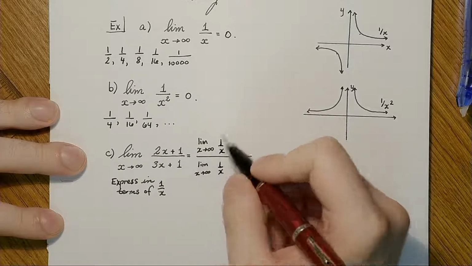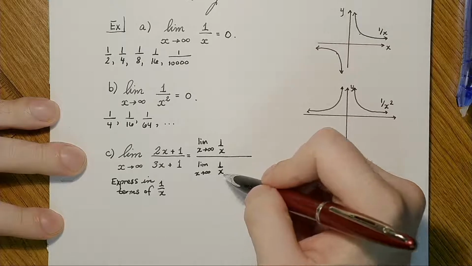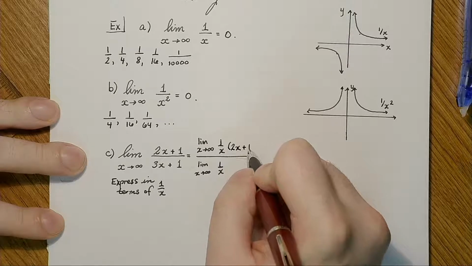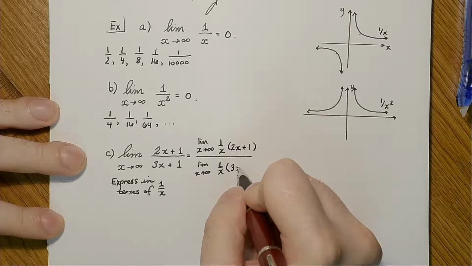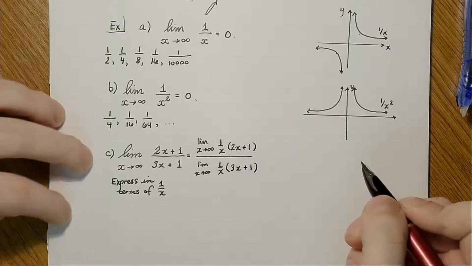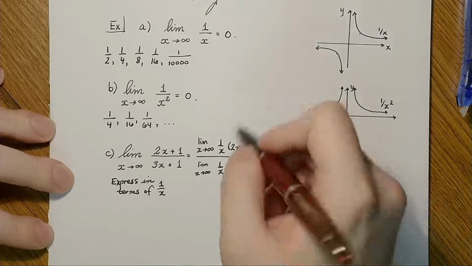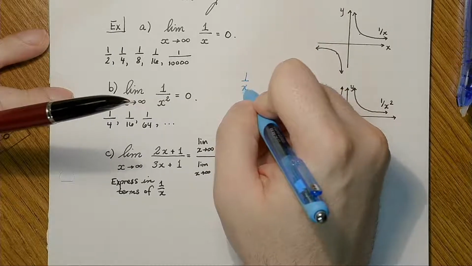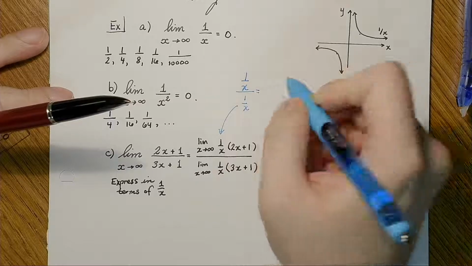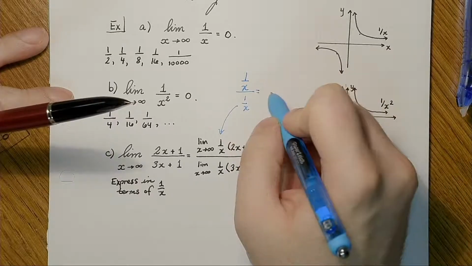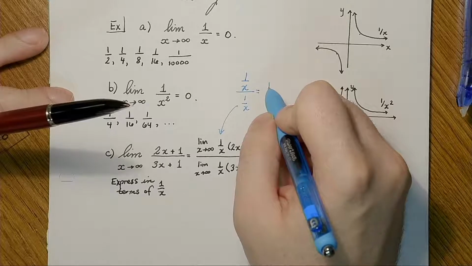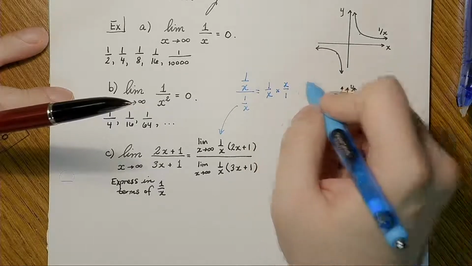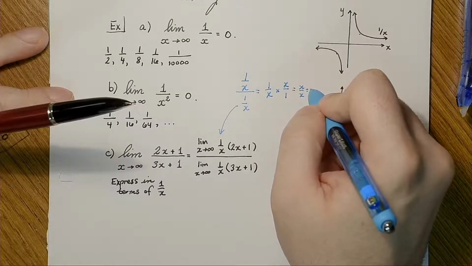So what I've done is multiply by 1 over 1, and that shouldn't be too concerning, because I have 1 over x on top and 1 over x on the bottom, and I can flip this up, which gives me x over x, which gives me 1.